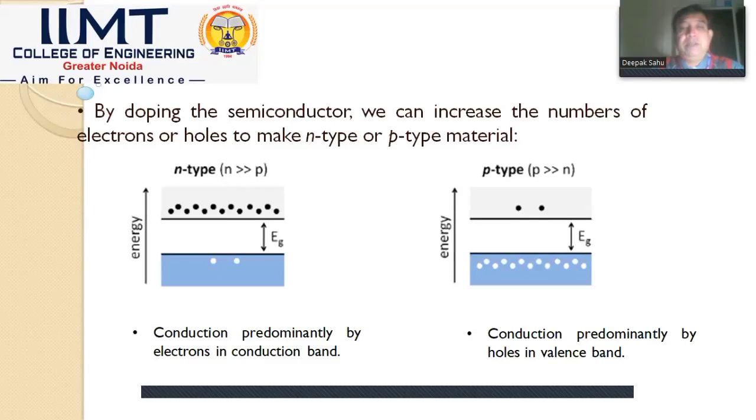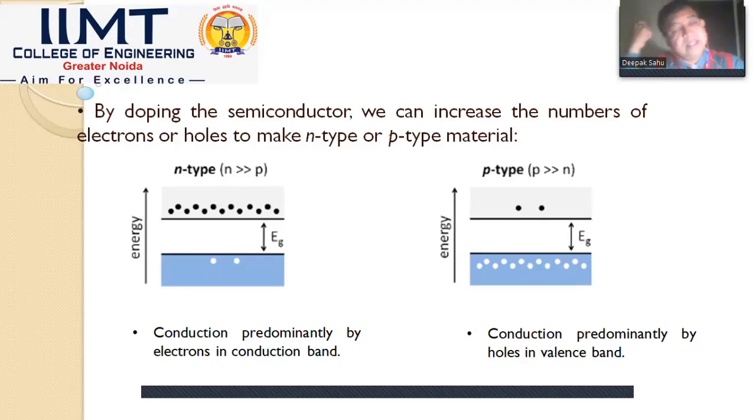Now we come to the two basic types of solid state systems in which impurities are added, P and N type. We can clearly see that in N type doping, pentavalent impurity atoms are used as a dopant.